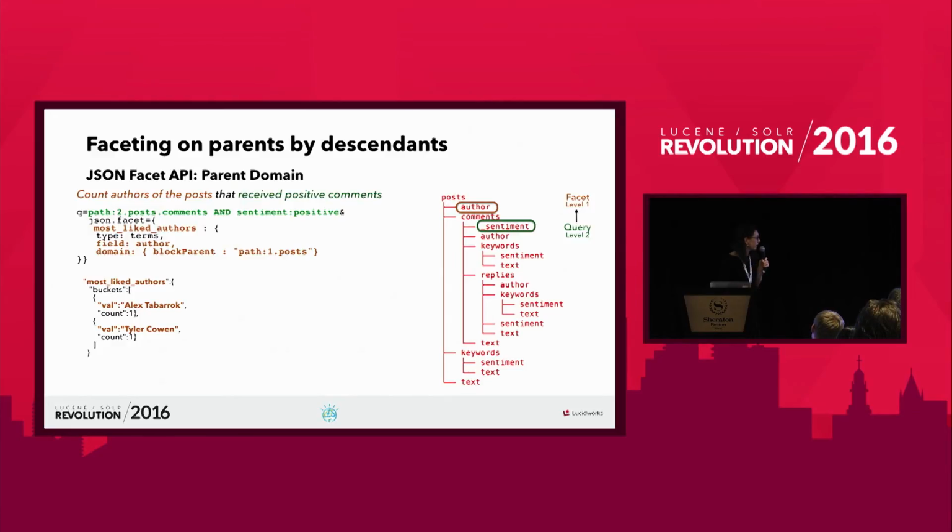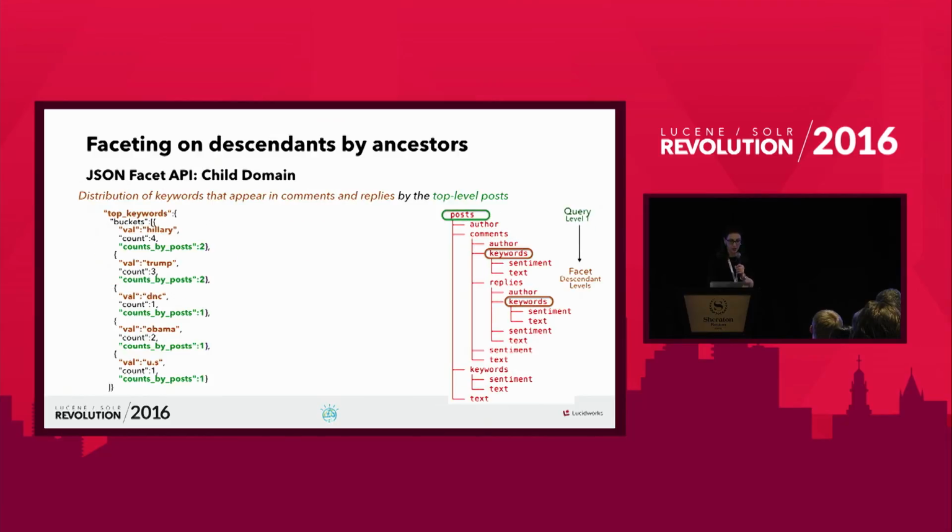I'm not going to get too much into the syntax, but you see that in the green part, this is our query, and then there goes this JSON facet, which is the JSON Facet API with the parent, this block parent domain, which is also in a block, which specifies the level we want to facet on. And then there is the field by which we are faceting, here it is author, and the type of faceting.